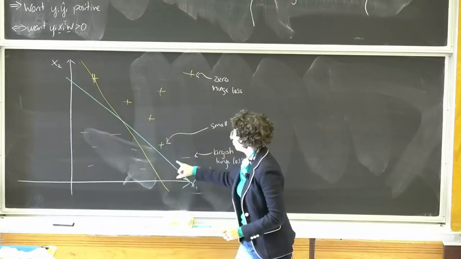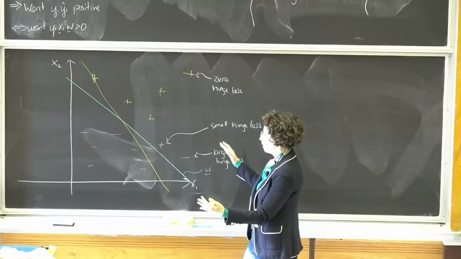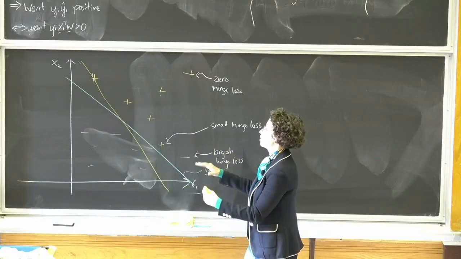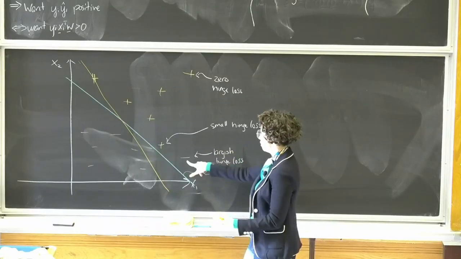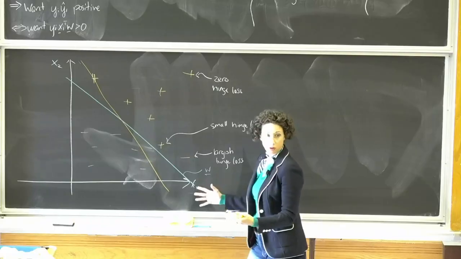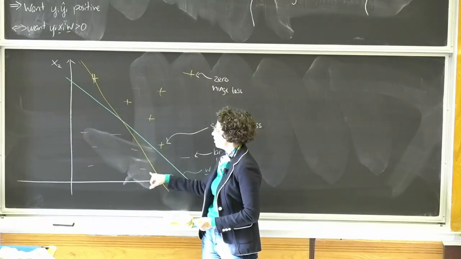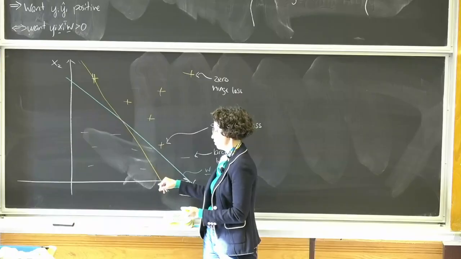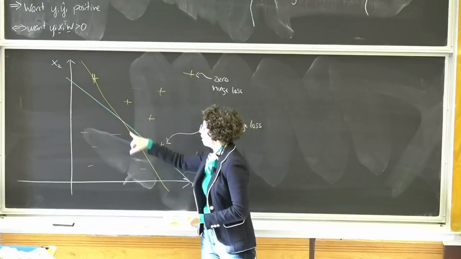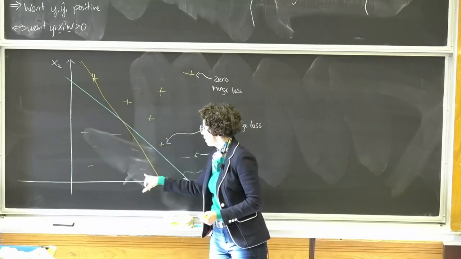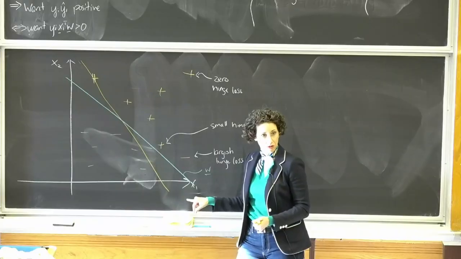So the blue and the orange lines are both classifying all points except one totally correctly. But we could argue that this orange one is much more susceptible to errors because a lot of the points are just barely on the correct side of the decision boundary.